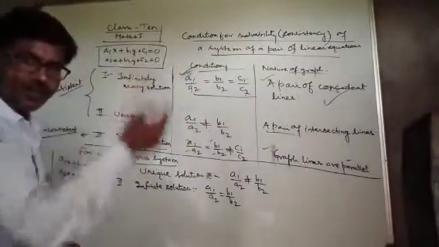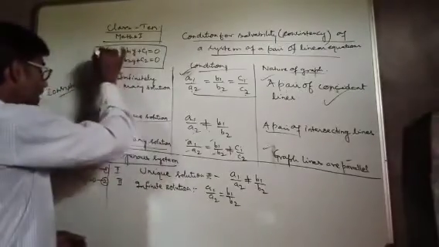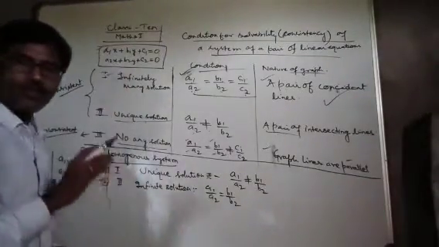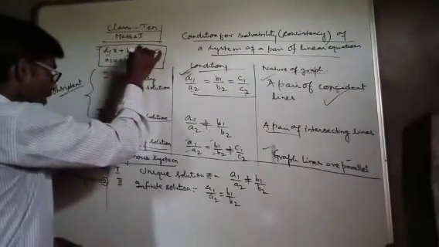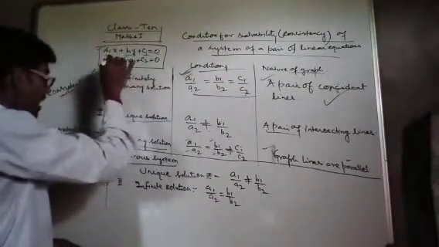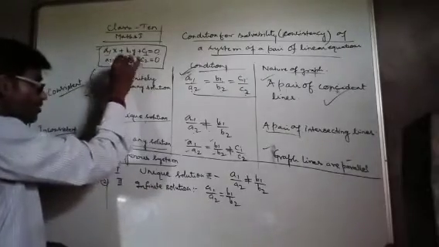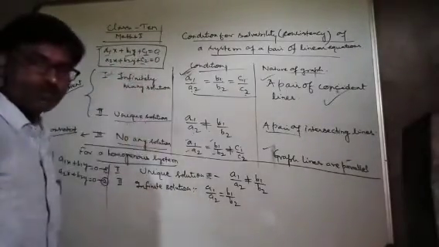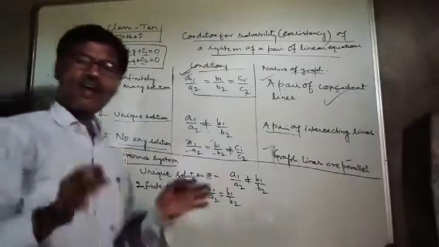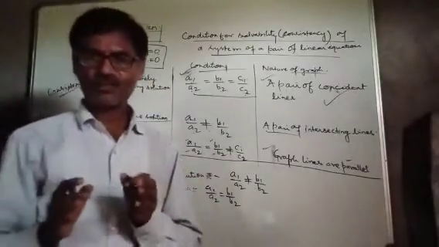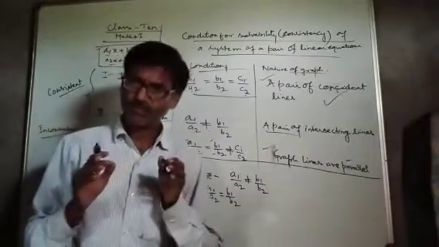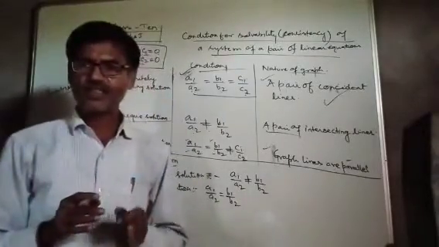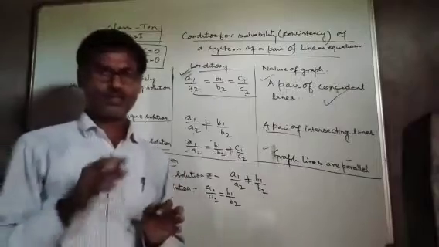Once again, let's revise it. For a pair of linear equations in two variables of form a1x plus b1y plus c1 equal to 0 and a2x plus b2y plus c2 is equal to 0, we have three conditions to determine whether the pair of equations is consistent or inconsistent.